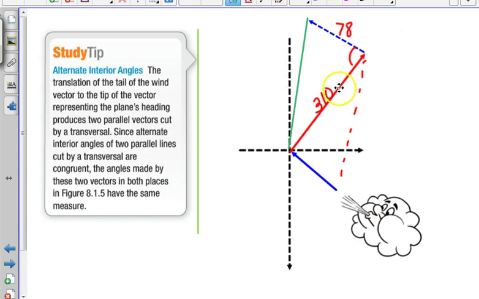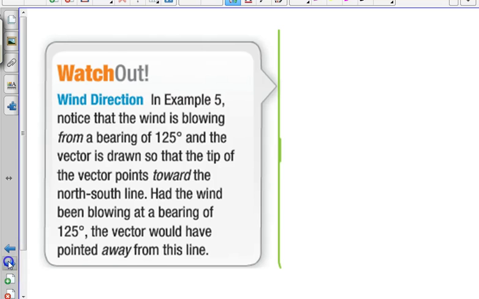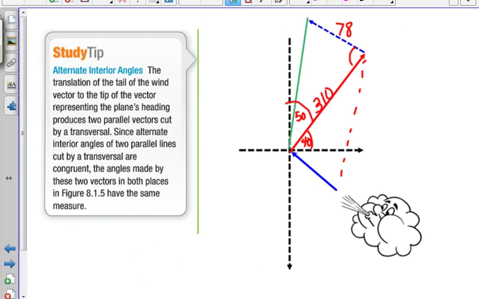So the bearing here was 50, which made this 40. The wind was 125. So the wind was around here to 125. When we subtracted 90, this was 35. Okay, so what's that red angle since this is so easy? This one right here.